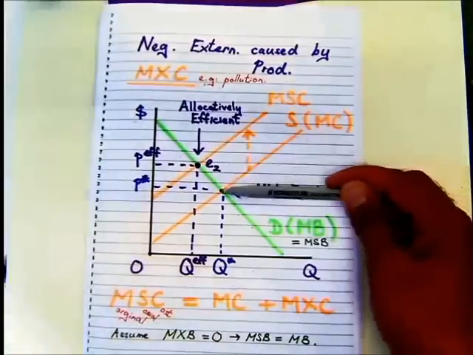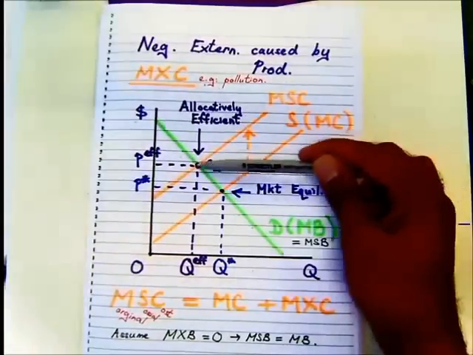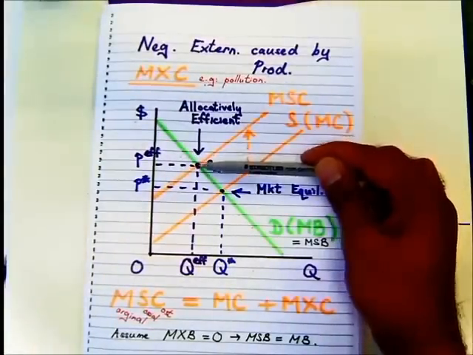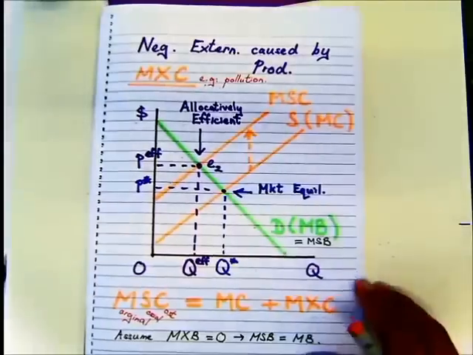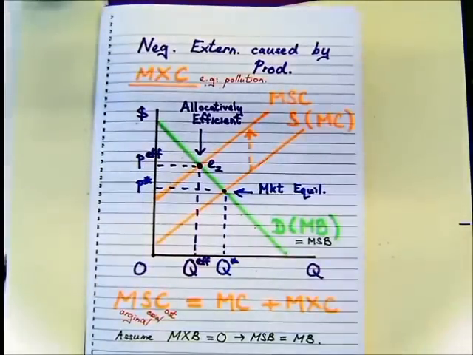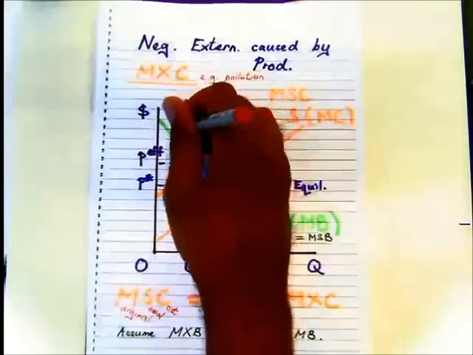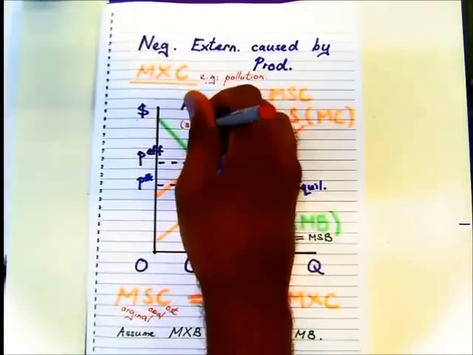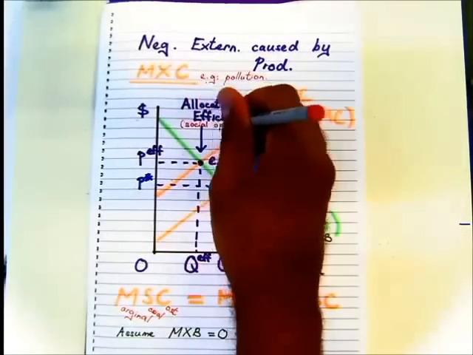So rather than producing at this point, the firm would be producing at this point. We call this the allocatively efficient point. You can also call the allocatively efficient point the social optimum.